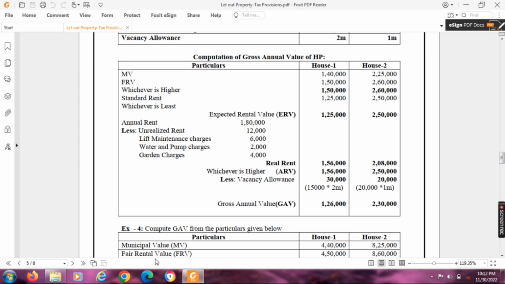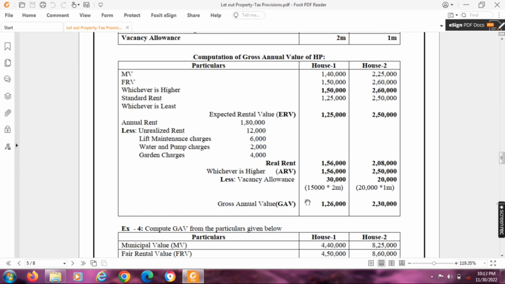150 and 260. With that value, we have to compare the standard rent: for the first house 1,25,000, for the second house 2,50,000. Whichever is least, that value is called the expected rental value. With that value, we have to compare the annual rent less unrealized rent. When Rule 4 is satisfied, we can deduct it.